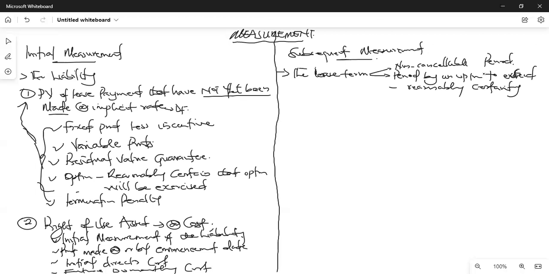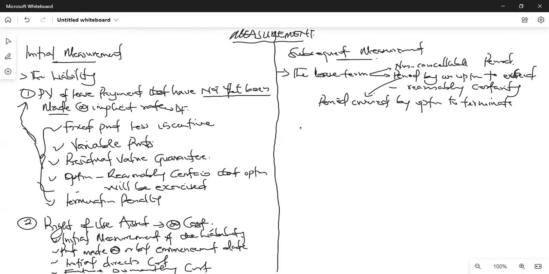If you are reasonably certain that the option to terminate will not be exercised, then the period covered by that option is also part of the lease term.